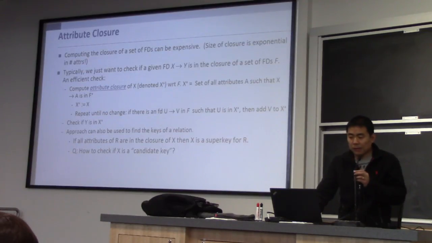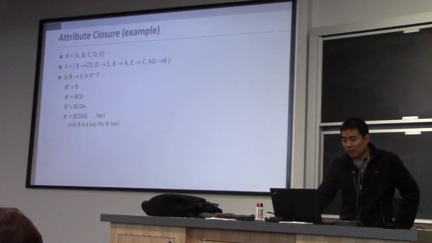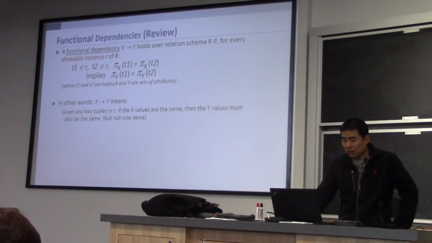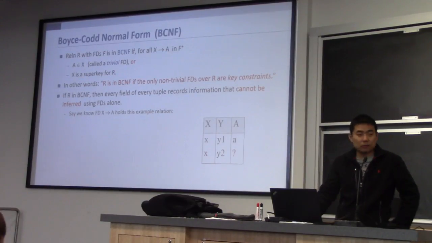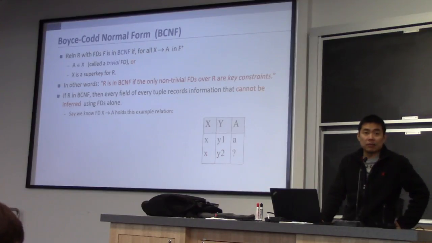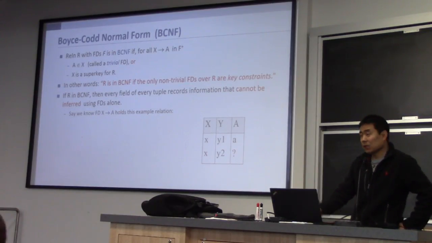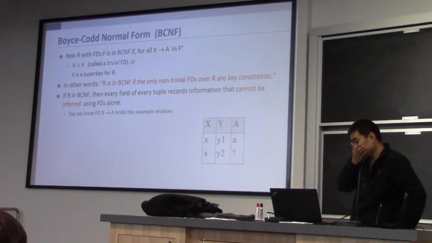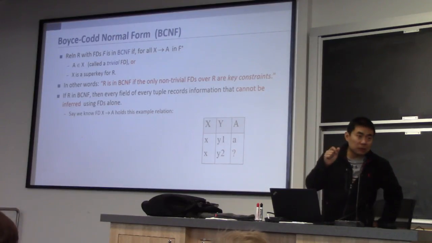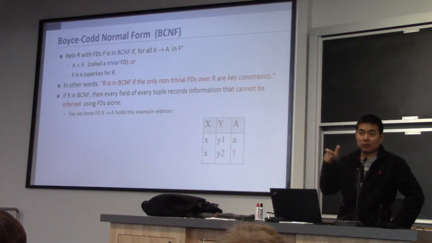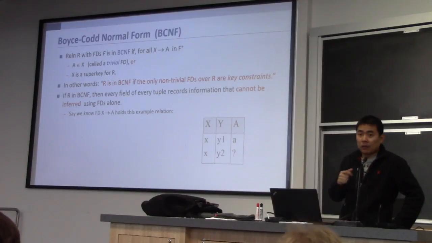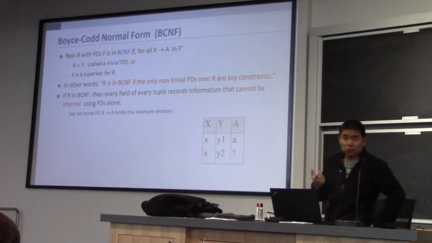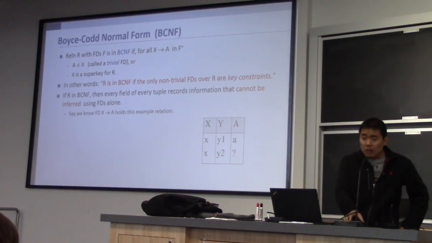So a quick recap of what we discussed last lecture. We talked about the definition of normal form, and in particular we talked about BCNF, and the definition of BCNF is highlighted on this particular slide. Every functional dependency on a set of functional dependencies F with respect to an input schema R must satisfy either of the following two conditions.